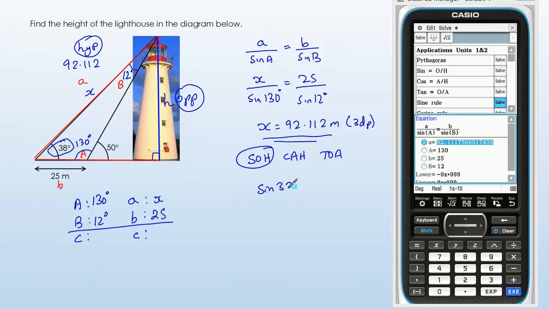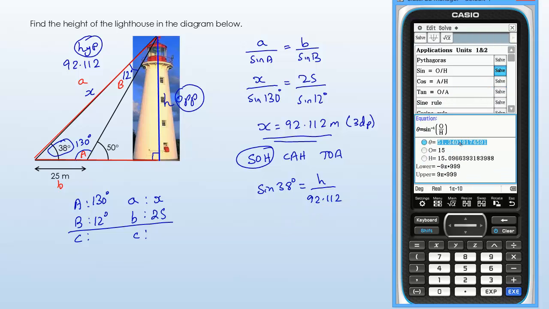So sine of the angle is equal to the opposite, which is h, over the hypotenuse, which we know is 92.112. And since I'm in activities, I'm just going to use the sine here. And we know the angle is 38. The opposite is what we're trying to find.